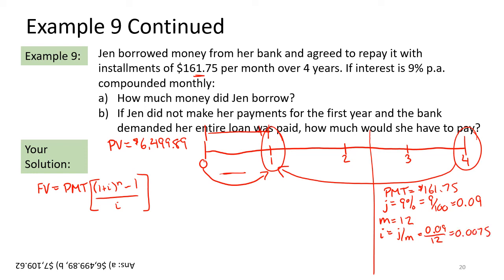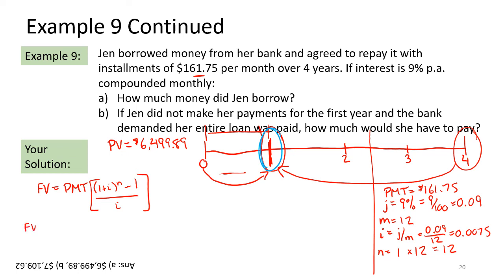The only thing that changed is n. So our value for n, we're only going 1 year, right? Because we're 1 year into the loan, right at this point in time. Jen hasn't made her payments. So that period of time is 1 year multiplied by 12 payments a year, or in other words, n is 12. So we can substitute those in to find our future value.